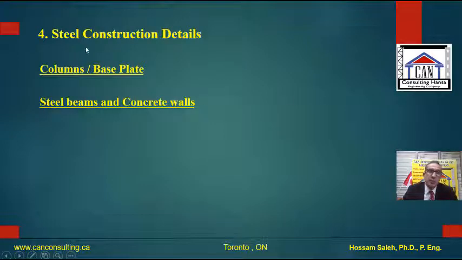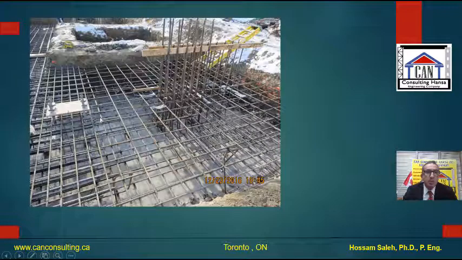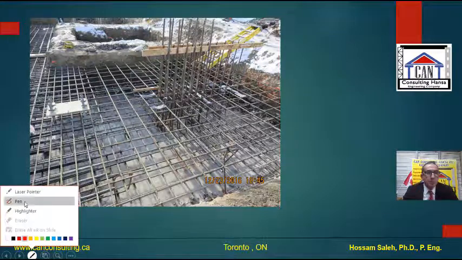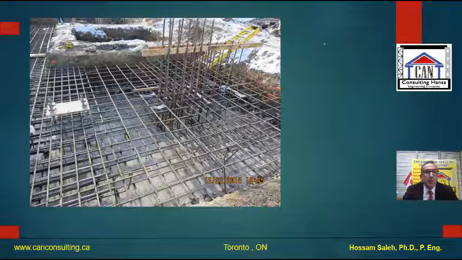Now, if you have a steel structure, what will be the details for that? Let's look at some column details and base plate, and also we can see the steel beams and concrete walls. So let me draw something here. If you have the column like this, and then you have a base plate.